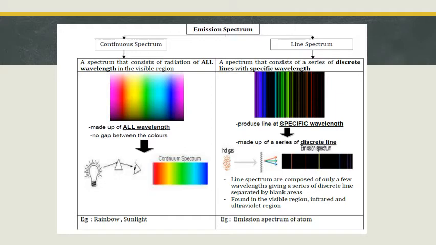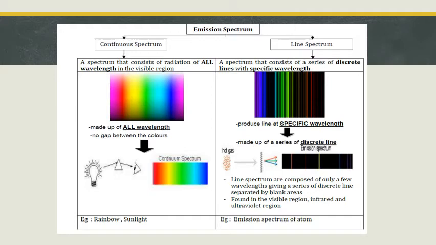Tapi berbeza dengan line spectrum. Line spectrum because kita buat eksperimen melalui hot gas and then kita reflect the hot gas melalui mirror plate, and then the light is diffracted. And then kita dapatlah few lines yang ada specific wavelength and also specific energy.